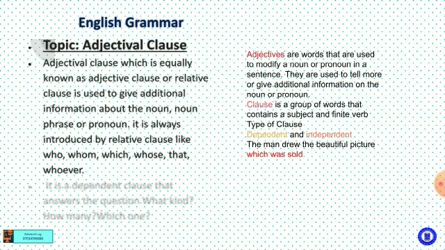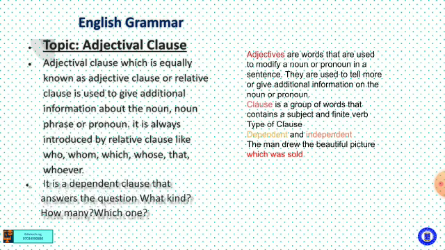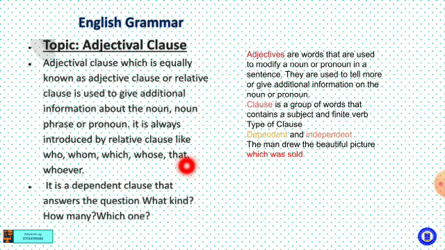When we talk about animals and non-living things, we use what? Which. Very good. When we refer to animals, non-living things, and human beings, we can use what? That. And whose is a possessive.